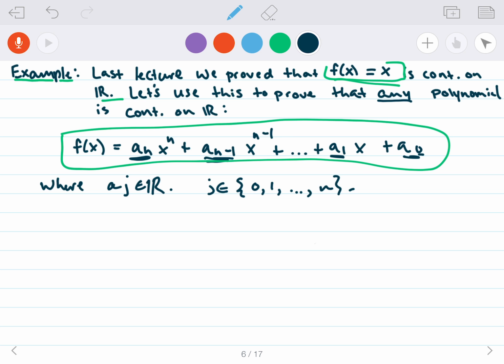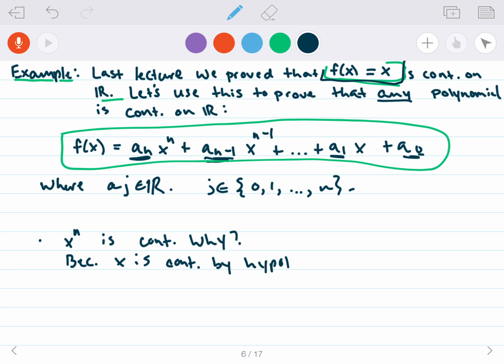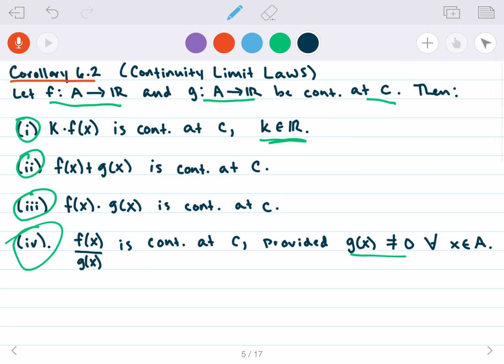Well, we know that x to the n is continuous. Why? Because x is continuous by hypothesis, right? We proved that last time. And if I keep multiplying x by itself, that's continuous by which property?